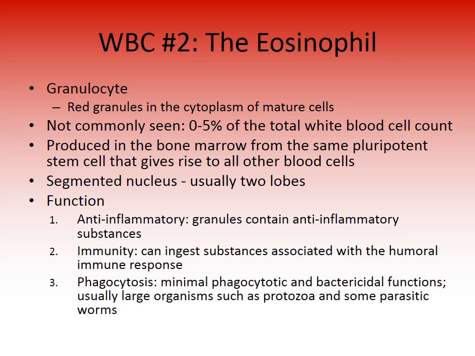It also has minimal phagocytotic and bactericidal function, usually against large organisms such as protozoans and some parasitic worms. And that's why you're going to see eosinophils during parasitic infestations. You may see an increase in those eosinophils because they do play a role in phagocytosis with these parasitic worms.